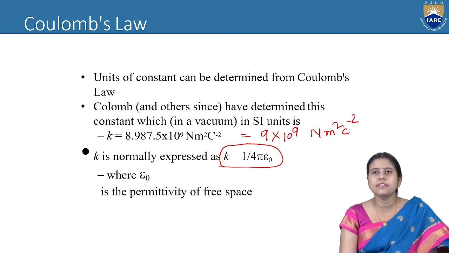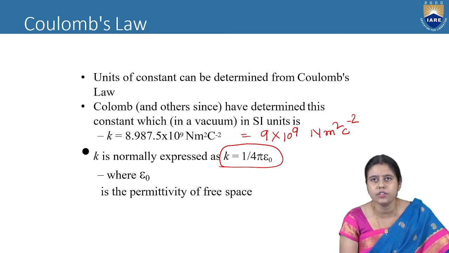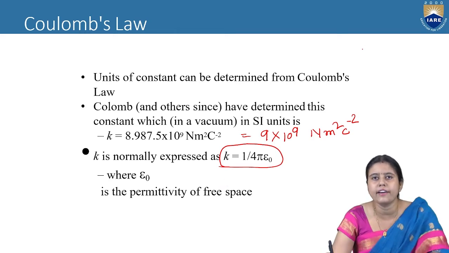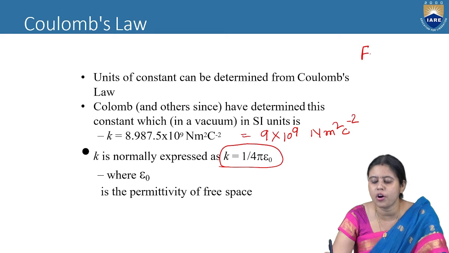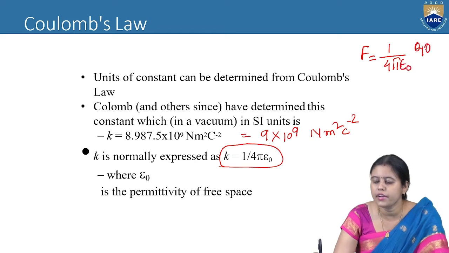Mathematically, K is equal to 1 by 4 pi epsilon 0, where epsilon 0 is the permittivity of free space. So according to Coulomb's law, F is equal to 1 by 4 pi epsilon 0 Q1 Q2 by R square.